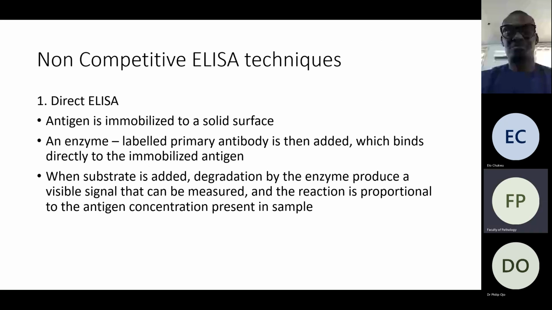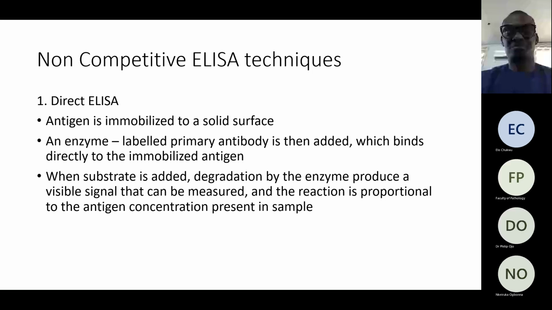Now, there are two types of ELISA techniques. We have the non-competitive and the competitive. In non-competitive techniques, number one, we have the direct ELISA.